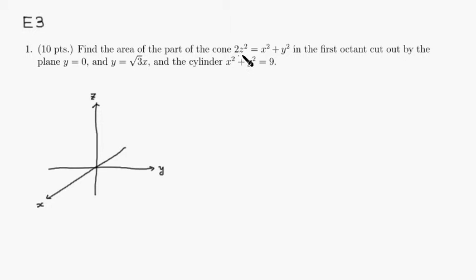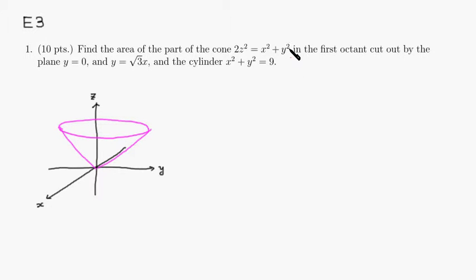Then the cone is going to look kind of like this. I'll just draw a random cone here and open that up. It looks kind of like that. It's not perfect, but that's the cone.